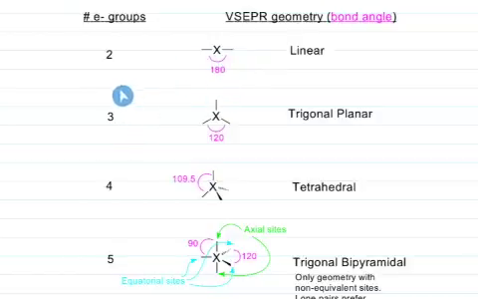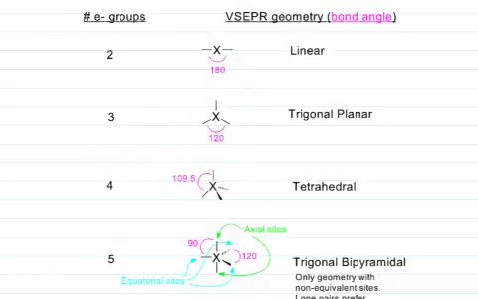Now let's take a look at 3 electron groups. This will be our trigonal planar, which will have an ideal angle of 120. Now notice the 3 bonds are in plane. They're solid sticks. Trigonal planar means everything is in plane.